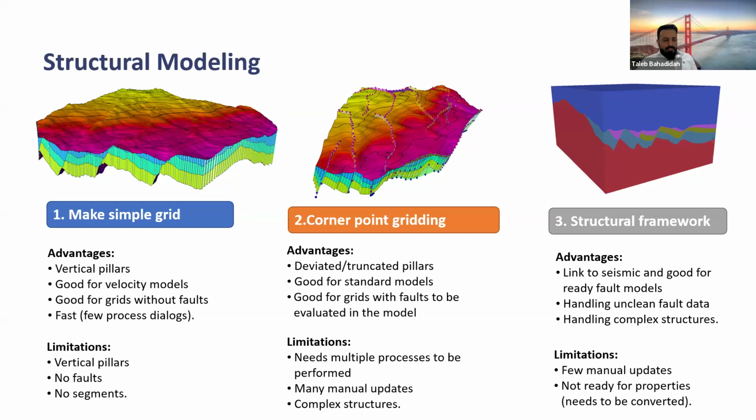However, there are some limitations. You need to spend time, and it needs multiple processes, with a lot of manual work. And sometimes it is difficult to handle complex structures. For the structural framework, the advantage is that it handles complex structural modeling, and it handles unclean fault data.